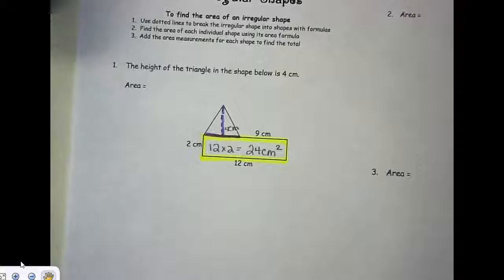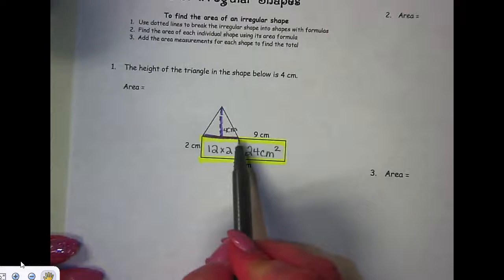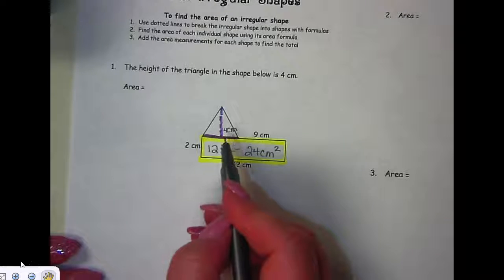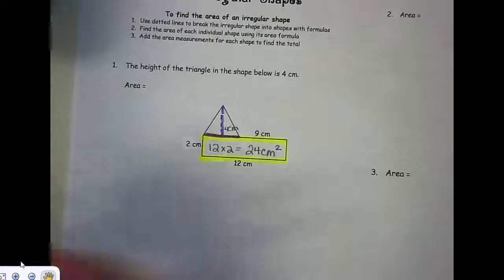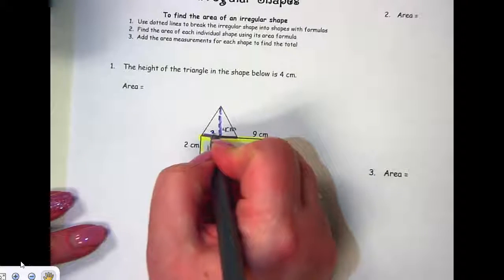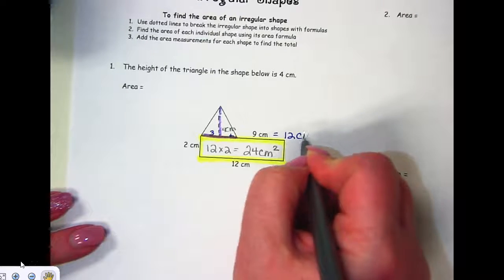Maddox. 12. The base of the rectangle is 12. That means this side right here is also 12. Here is 9. So what number plus 9 equals 12? 3. So I know that this has to be a 3 because 3 plus 9 equals 12 centimeters.